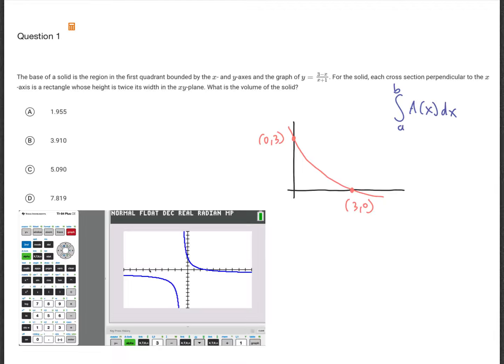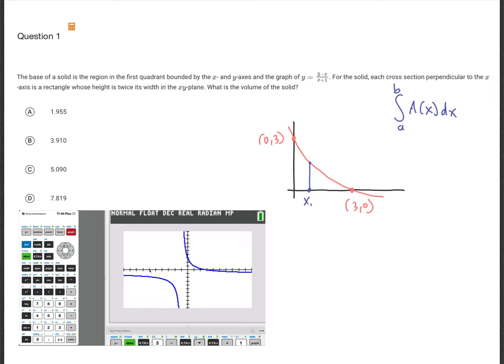And it's a rectangle whose height is twice its width. Okay, so let's look at, I'm going to just pick a random height, little segment. So this is the value of the function at some x value. Call that x1.